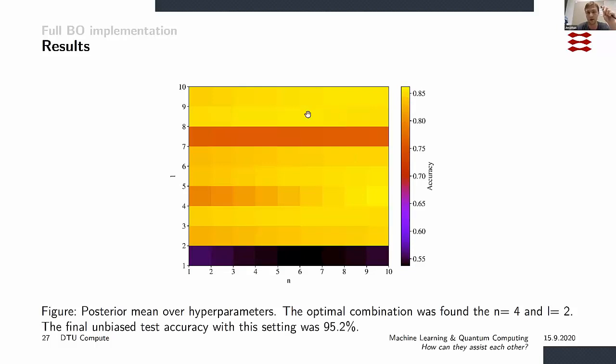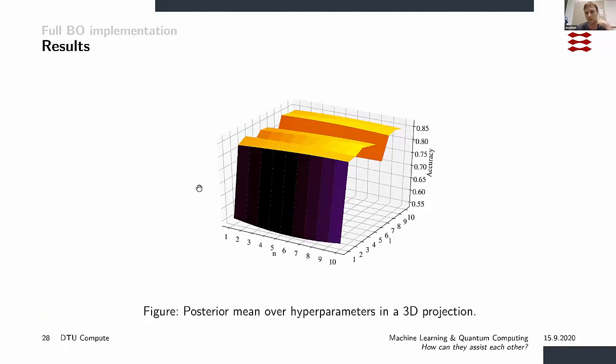From this, I can also show it in 3D. It's a bit more fancy, but the idea is the same: we generate this landscape, and then we want to find, on a validation set that the algorithm hasn't seen before, which of these hyperparameters are the best.